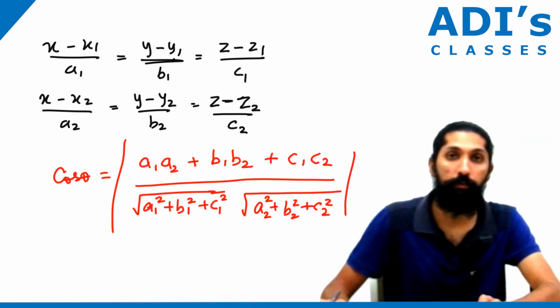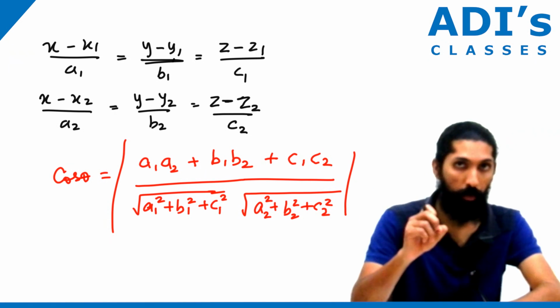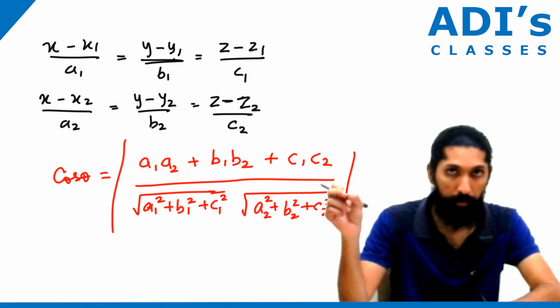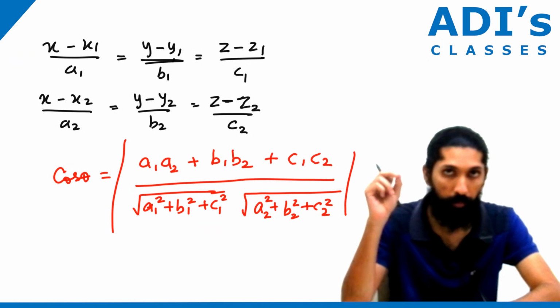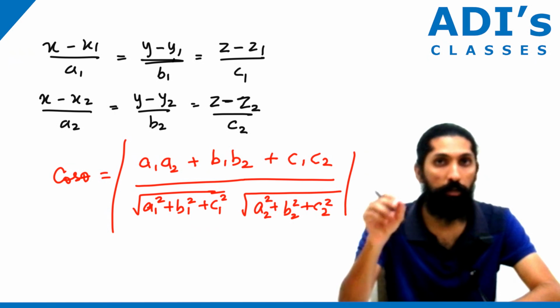See, this is going to give us the angle between the two lines in the Cartesian form. For the vector form, it was b1 dot b2 by mod of b1 into mod of b2. Correct?